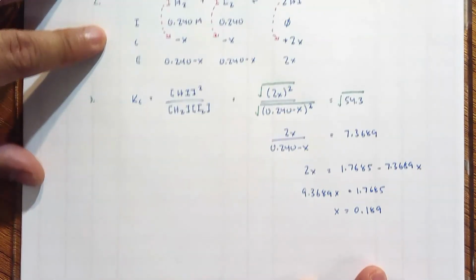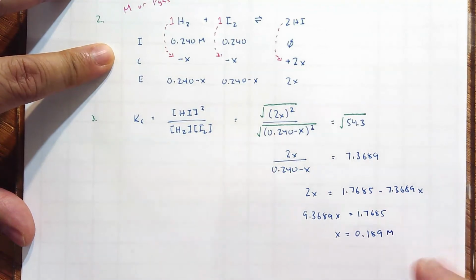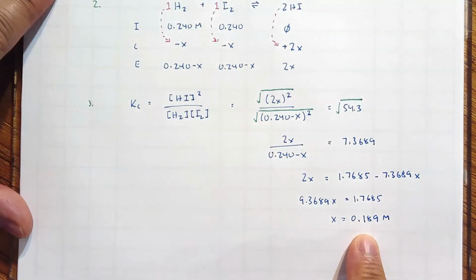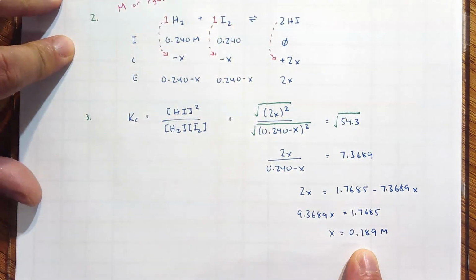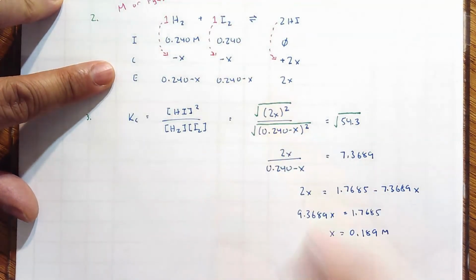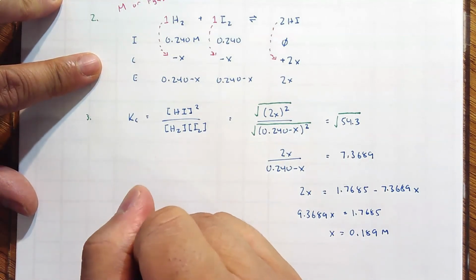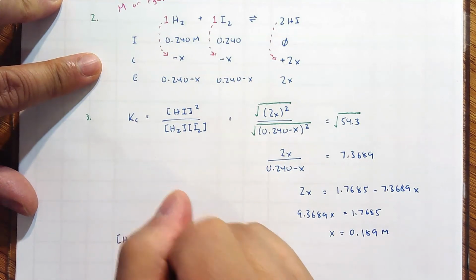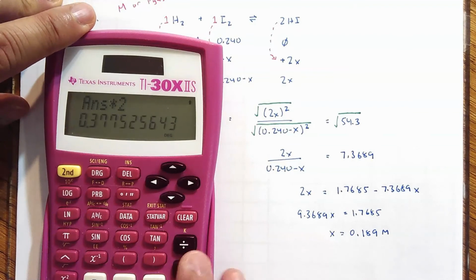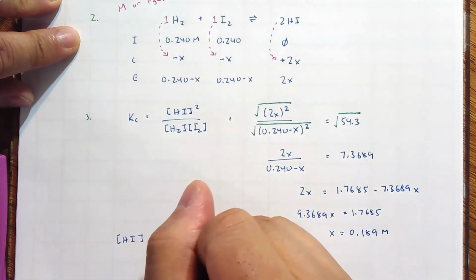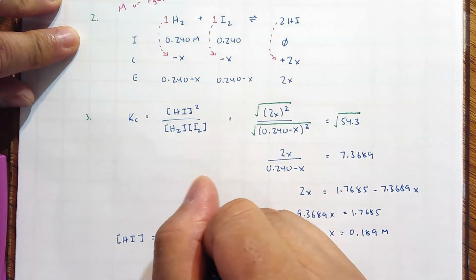Our ICE table was using molarity, so this is molarity. But this number is the concentration of none of these compounds, H2, I2, or HI. We just have to plug in now x. Therefore, the concentration of, let's do the product first, HI equals that number doubled, times 2. I got 0.378 molarity, going with 3 significant figures.